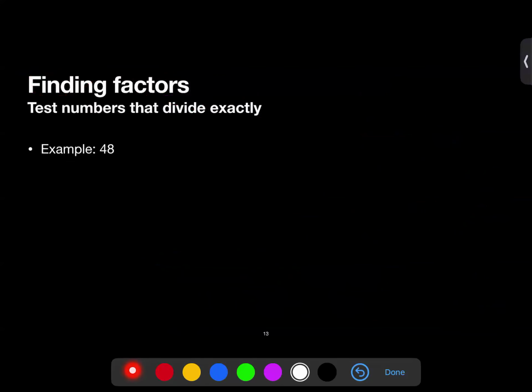So now we have to learn how do we find the factors of a number? Because once we find the factors of a number, we can determine if it is prime or composite. So we need to be able to find the factors in order to determine this.